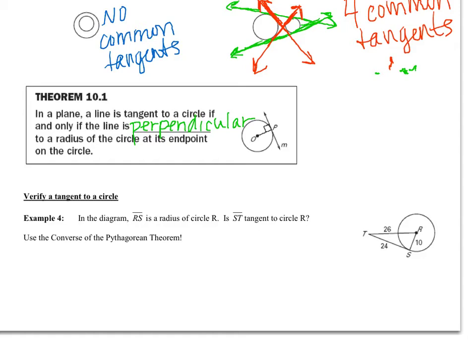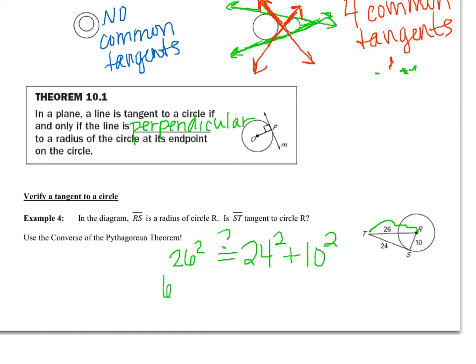Basically this 26 is meant to be this whole entire side here. We're going to use our Pythagorean theorem. So is our hypotenuse squared, 26 squared, equal to our legs squared added together, 24 squared plus 10 squared? Is that true? That's what we need to figure out here.